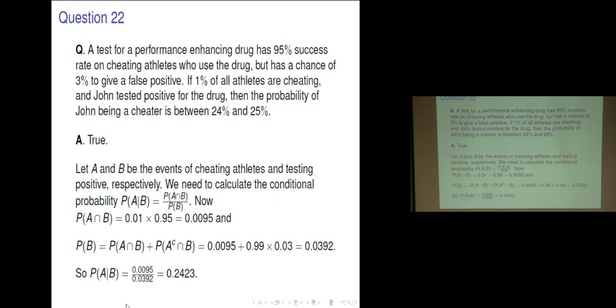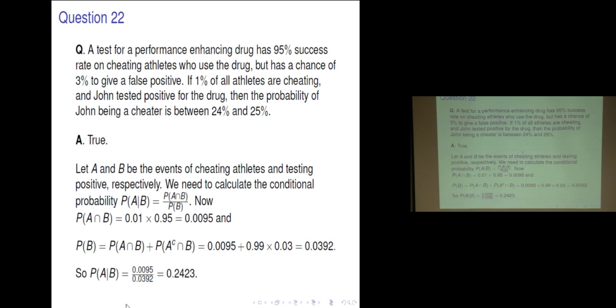Okay, so it's this number. Now for the probability of B, we cannot get it directly from the data, but we can get it indirectly. We use the property that P of B is P of A intersect B plus P of A complement intersect B, right?